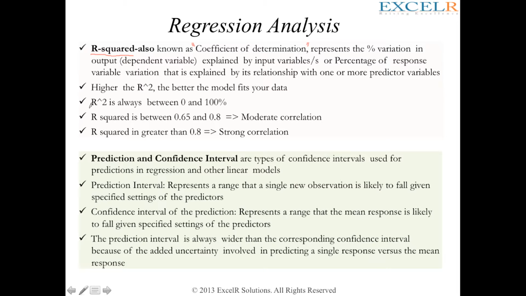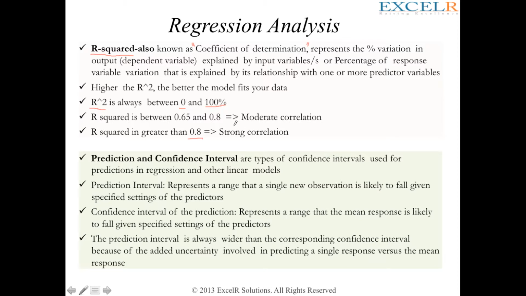And this R squared value always ranges from 0 to 100%. And if the R squared value is greater than 0.8, you call it a strong correlation. Your prediction model is very good for predicting the future. And if this R squared value is anywhere between 0.65 to 0.8, it is called moderate correlation.